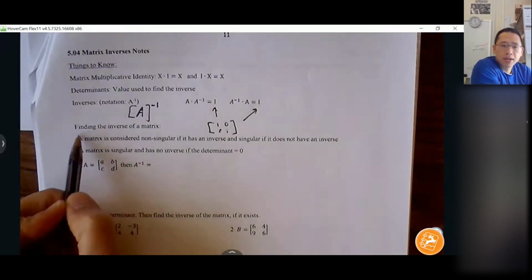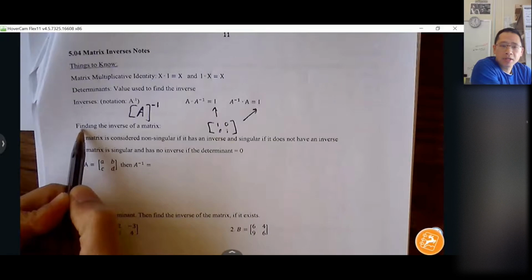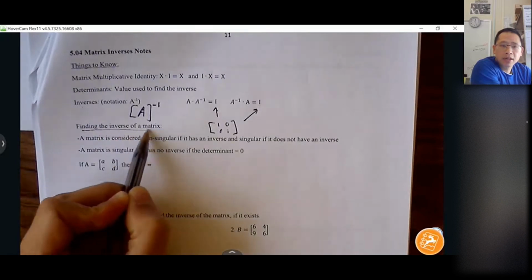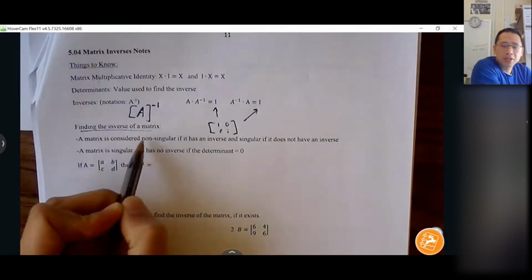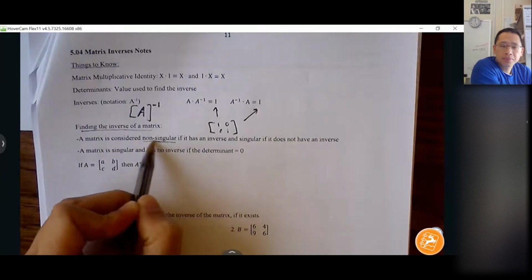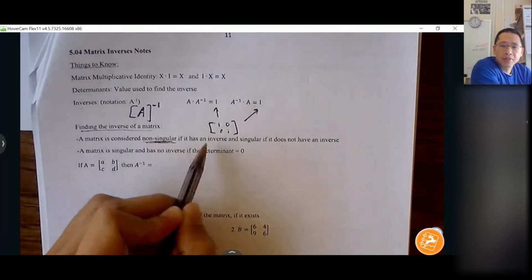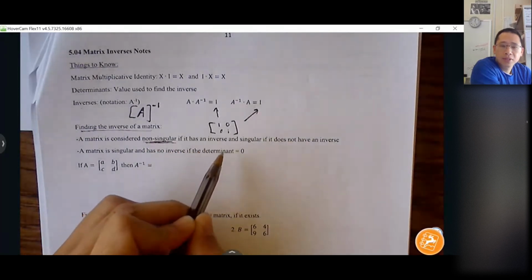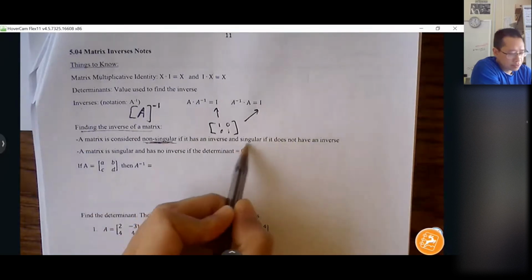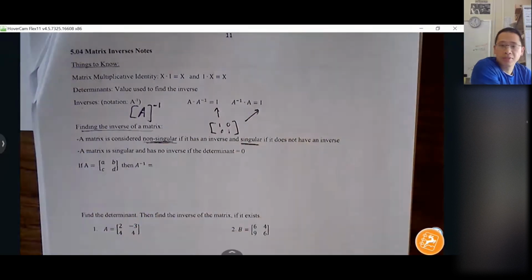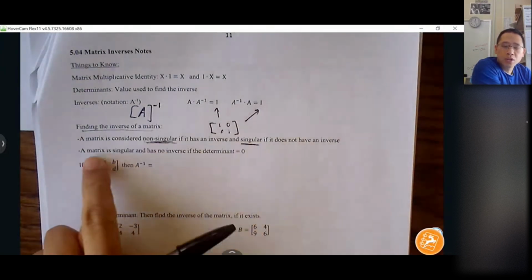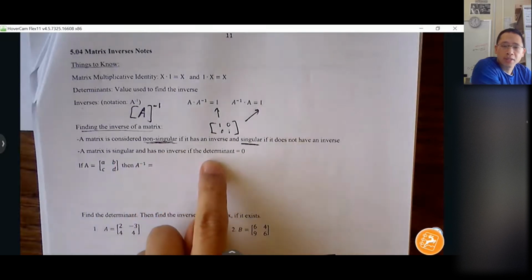Okay, so a couple of vocabulary terms to know. A matrix is considered non-singular if it has an inverse, and singular if it does not have an inverse. The way that we can tell is we look to see what the determinant gives us.